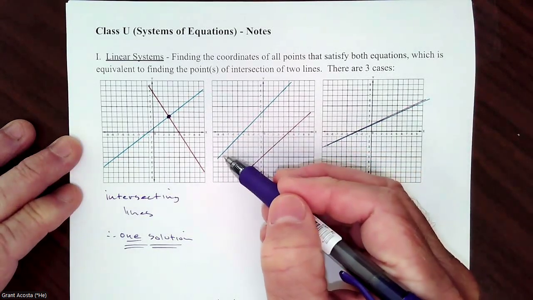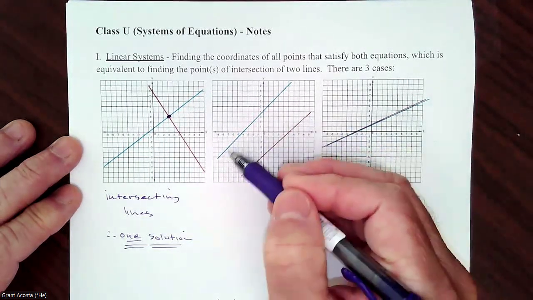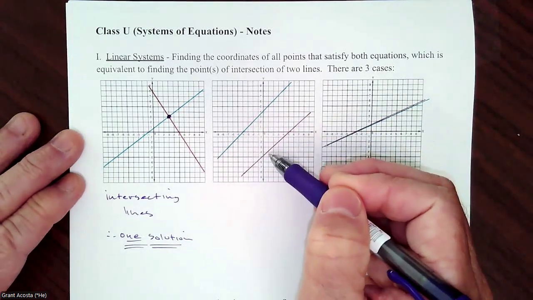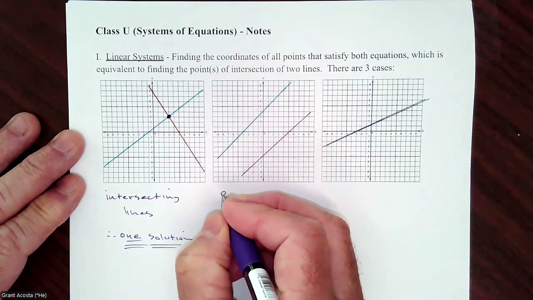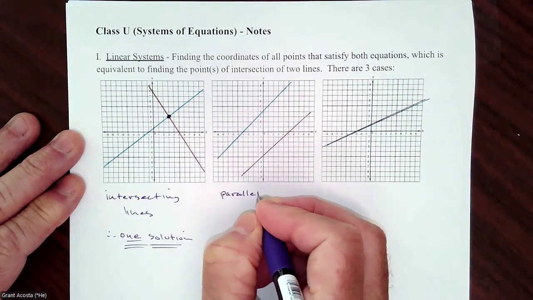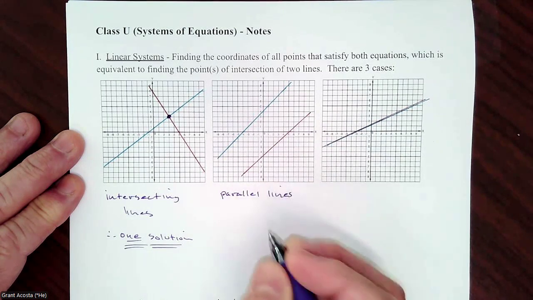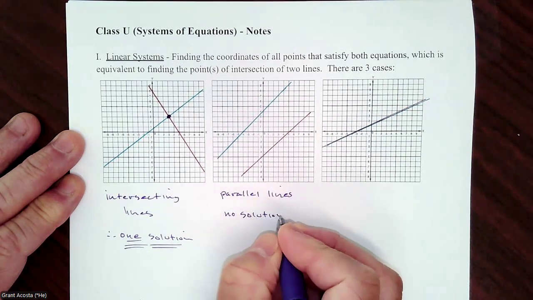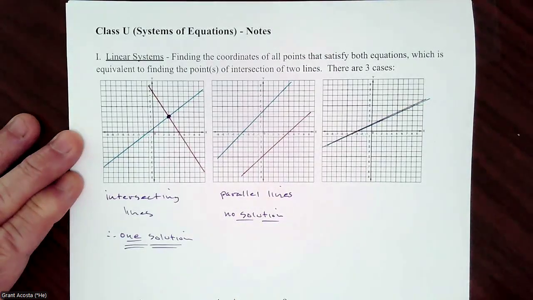But of course, another possibility is that my two lines could be parallel lines. I could have two equations that are never going to intersect. If the lines are parallel, then of course they will never intersect, which means there would be no solution, no common points between those two.